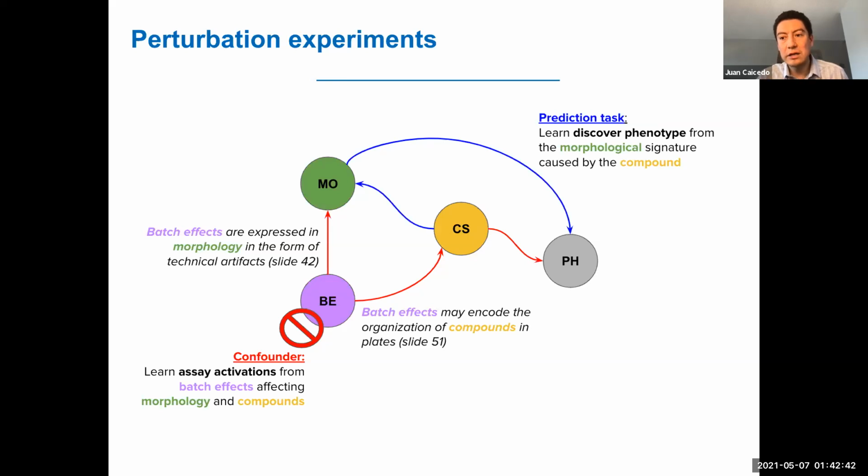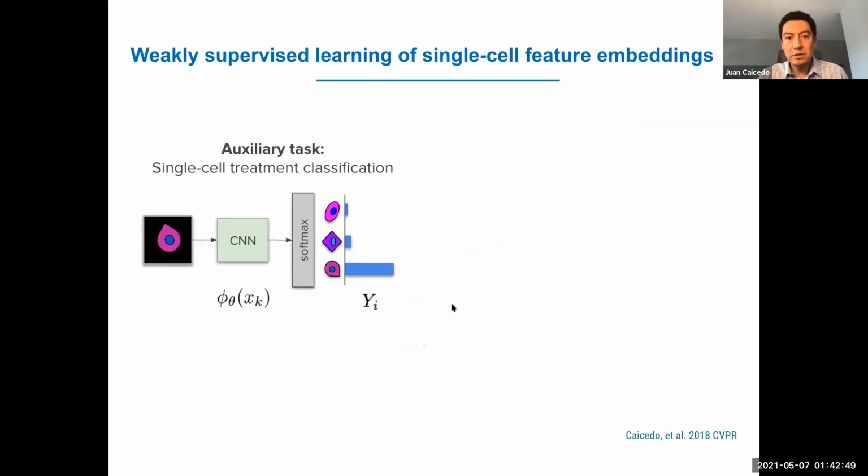And hopefully we can use methods that need no supervision at all. Here we are using a weakly supervised learning method, which uses information about the compounds. So basically we take a cell and we run the cell through a neural network, and we ask, can you tell what was the compound that was applied to this cell? Because that's part of the experiment, and we know what was the compound.